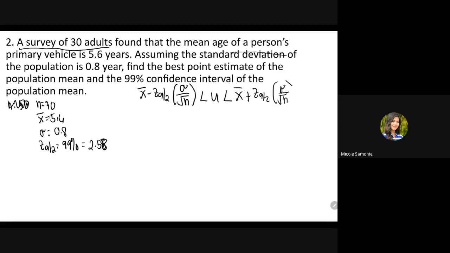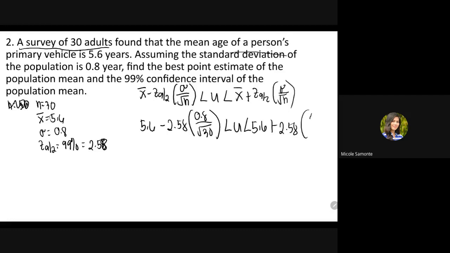Mahaba lang yung formula pero ilan lang naman dyan sa solve. Plot natin, ang sample mean ay 5.6, ang z alpha over 2 ay 2.58, population standard deviation is 0.8 and the sample size, square root of 30. This will be 5.6 plus 2.58 and then 0.8 over square root of 30.